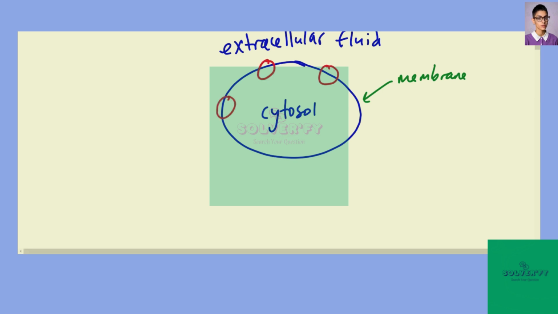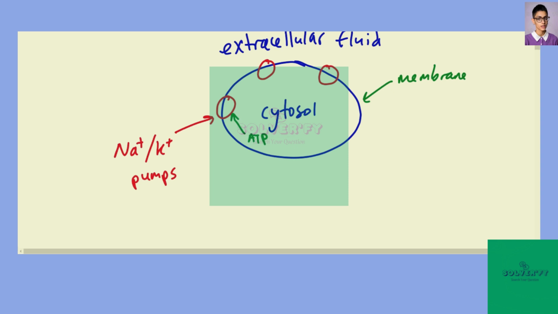And these are going to be our sodium potassium pumps. Essentially, it will use ATP, so we're going to have to put ATP in. And that's essentially energy, the currency of energy for the cell.